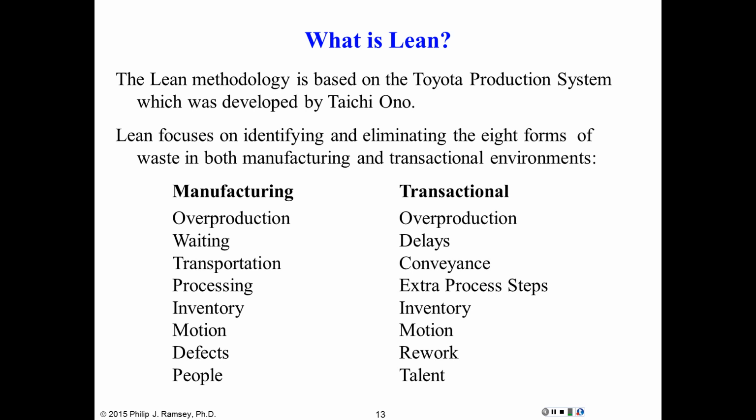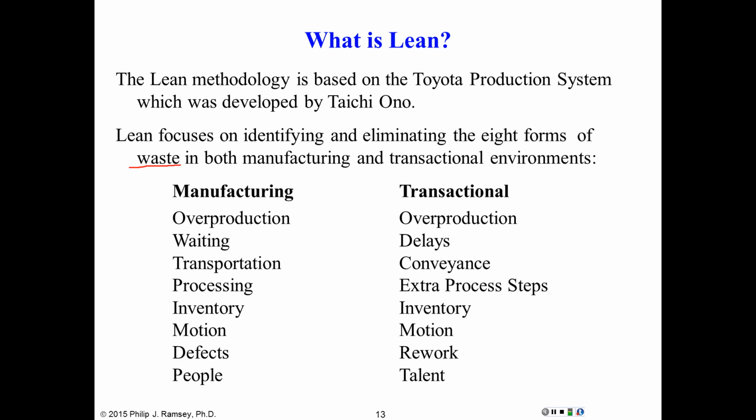So basically, as I said, Lean focuses on waste. What are the things in a process that don't add any value? These are activities people are doing that the person purchasing the product or the service would never pay for if they knew it was going on. Again, I'm going to ask you to read the book Lean Thinking by Womack and Jones, and in there they'll lay this all out for you in a very simple to read and well-organized manner.